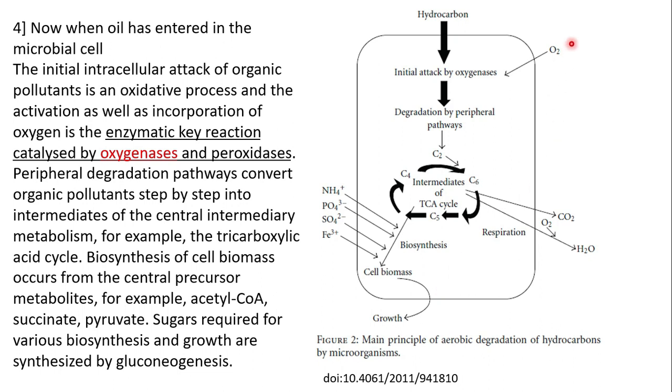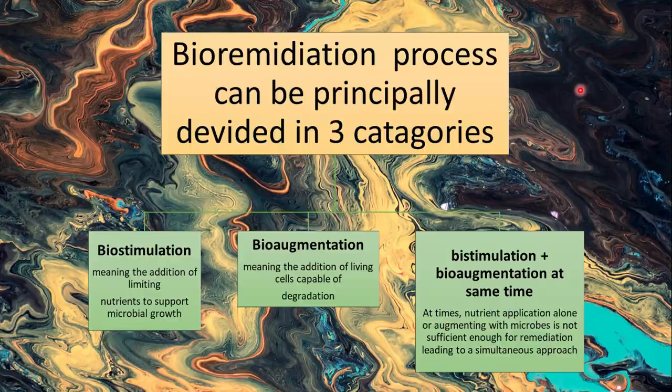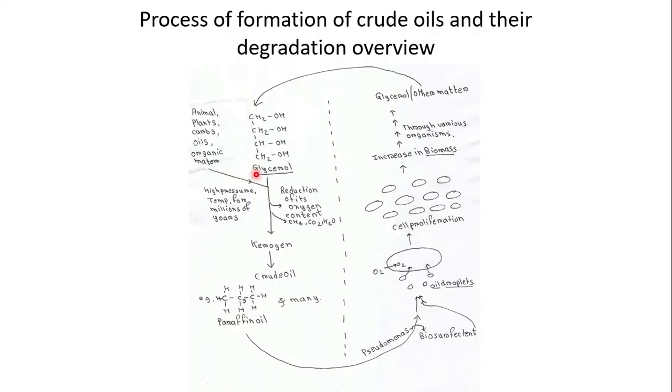In this slide, you have to note an important thing: the enzymatic key reactions catalyzed by oxygenase are very important, and you can see that O2 is entering. Now remember slide number 1, where we saw that when glycerol forms kerosene, this causes a reduction of oxygen content, and the reverse happens when crude oil is to come back to the form of glycerol again.